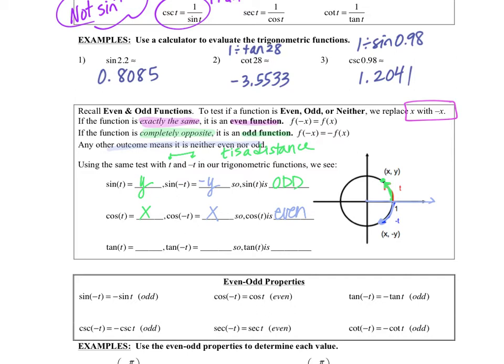All right, tangent. So same thing, if I go up t units, my tangent is defined as y over x. If I go down t units, now it's negative y over x, because when I go down, I'm in quadrant 4, and therefore those are exactly opposite, so tangent is odd, okay?